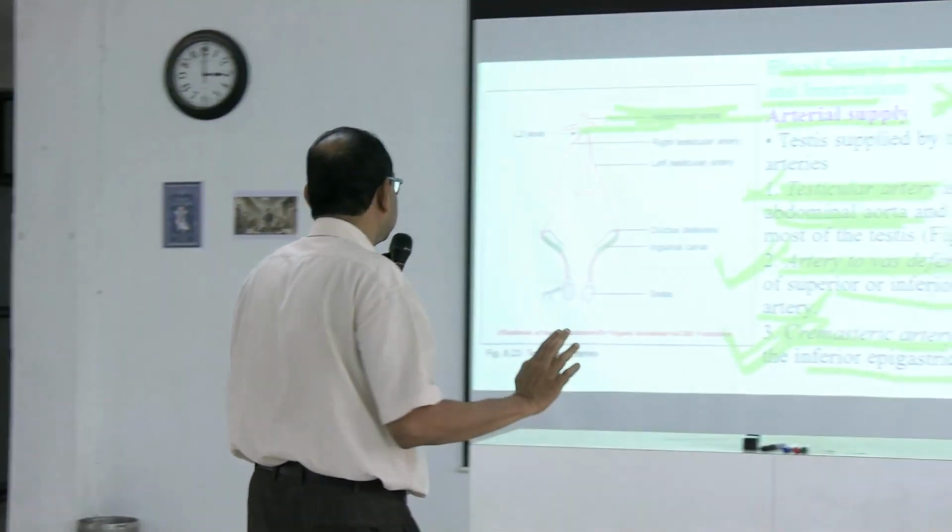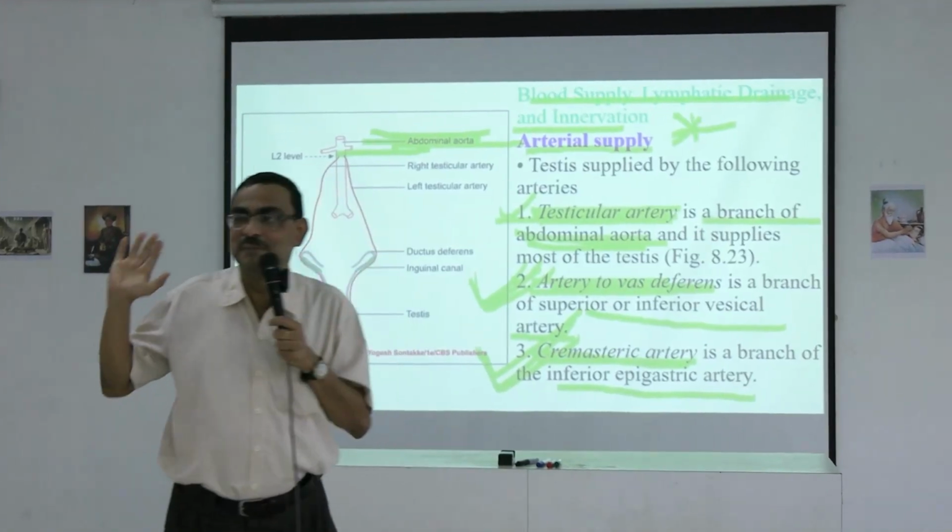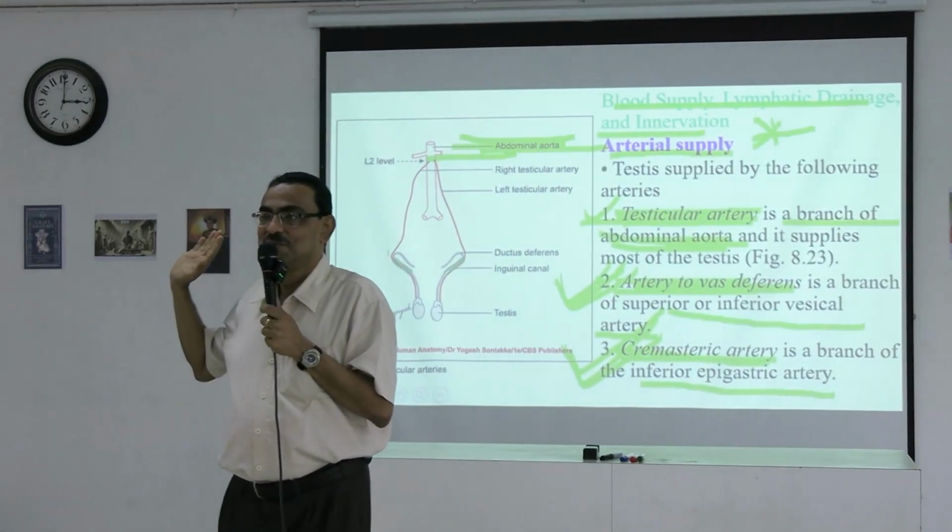Testis will not get its blood supply or not? Tell me. If I tie the testicular artery in the abdomen, whether it will get its nutrition or not? Tell me. Yes or no?